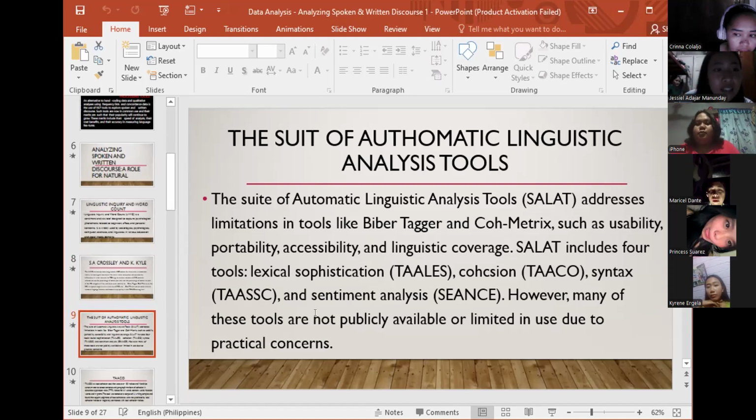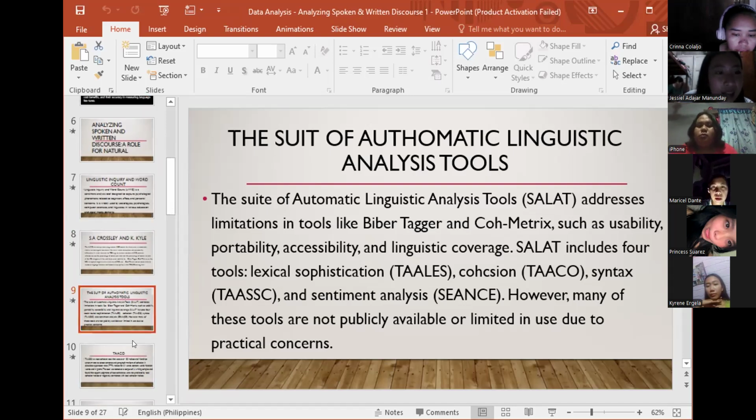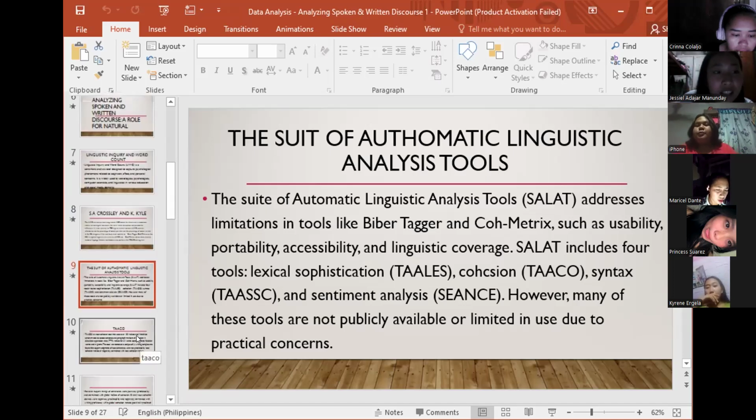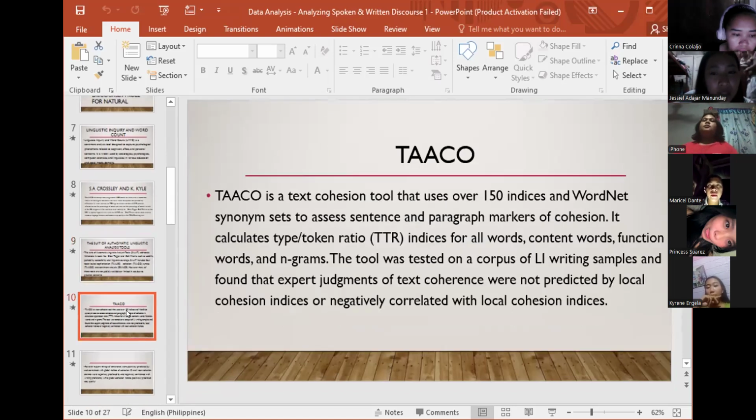SALAT includes four tools: lexical sophistication, that is TAALES, cohesion, that is TAACO, then syntax, and the last one is sentiment analysis. However, many of these tools are not publicly available or limited in use due to practical concerns.